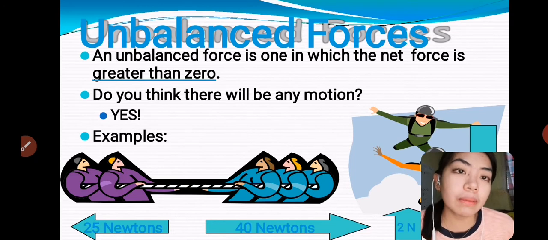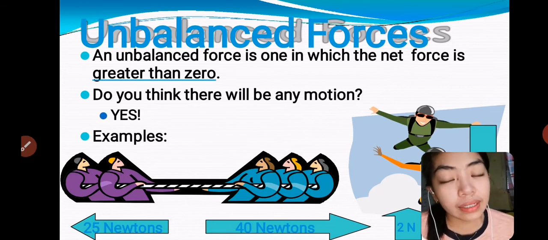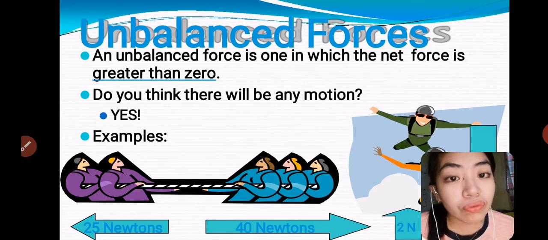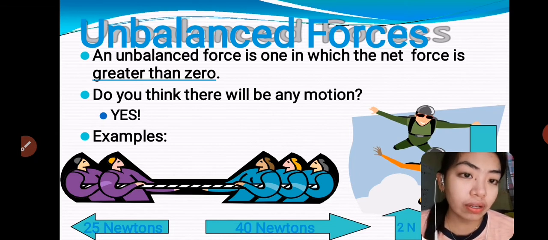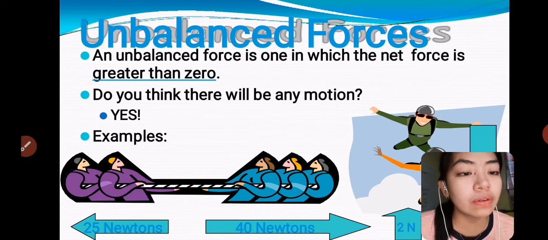Next one naman is the unbalanced force. Kung kay balanced ay kailangan 0 yung ating net force, kay unbalanced force, lahat ng greater than 0 na net force ay maco-consider as unbalanced. Just like on this example, ang violet team, hinihila nila ang rope going to the left side for about 25 newtons, then the blue team going to the right side for 40 newtons.